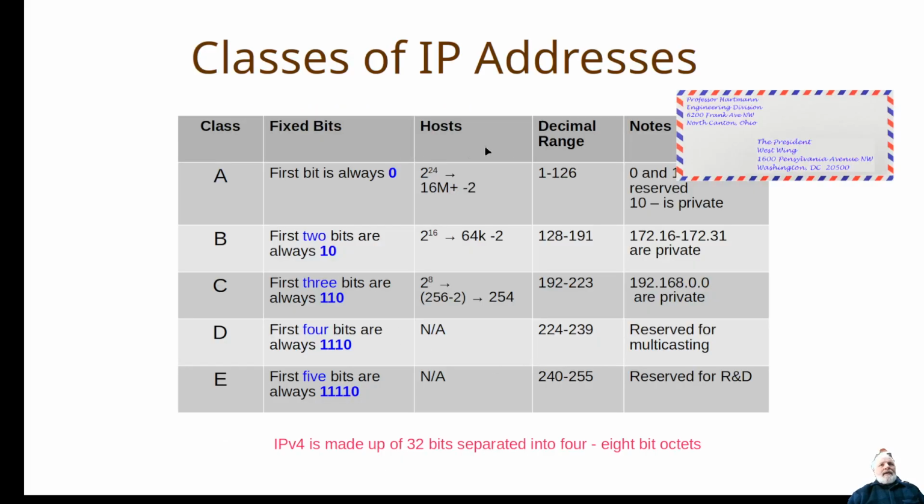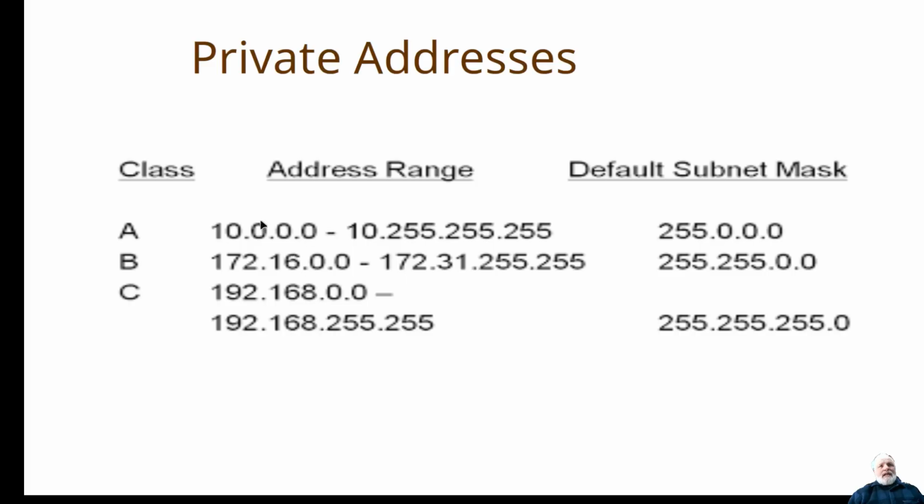So for IP addresses, there's IP version 4 and IP version 6. And for internal networks, we use primarily IP version 4. They break this up into multiple classes, Class A, Class B, Class C, and within those classes, they have private addresses.